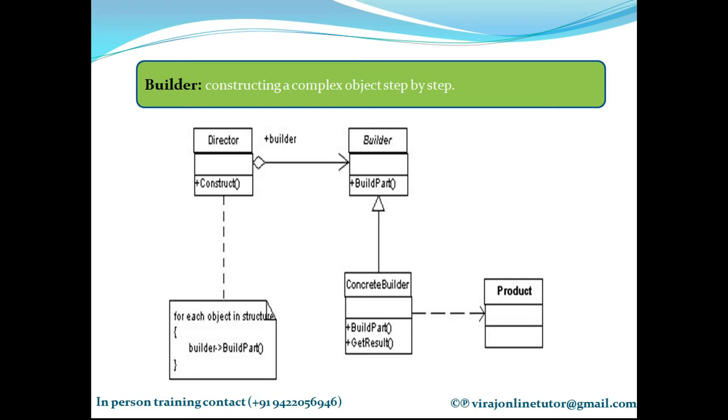That's why I mentioned the abstract base class declares the standard construction process, and the concrete derived classes define the appropriate implementation for each step in the process. Now here the Director contains the Builder. The Builder has an API called buildPart, but the concrete builder is actually building that part.